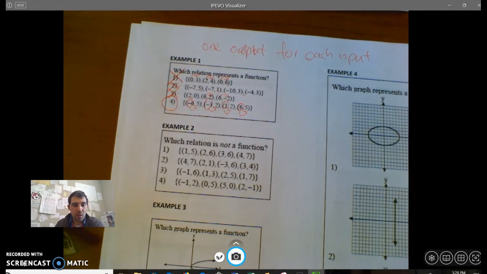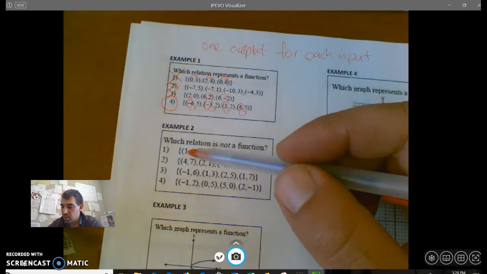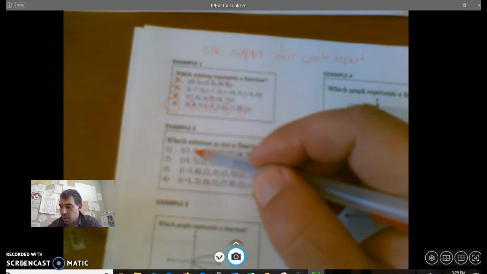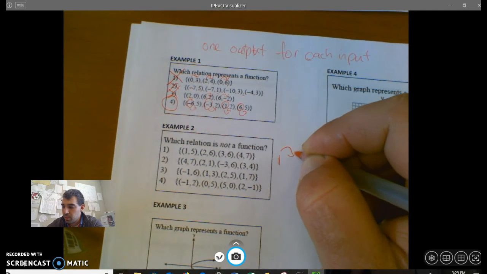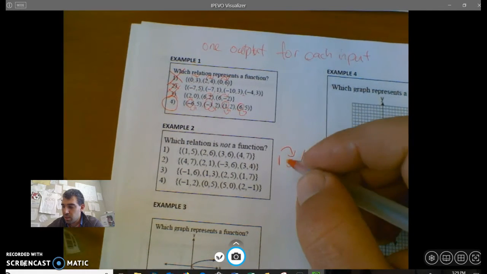So, if we look at the next example, we're going to talk about, is this a function, or which one is not a function? So 1 is a 5, input of 1, output of 5. So we put 1 in, we get 5 out. That's check.